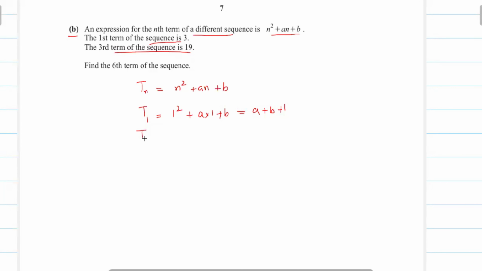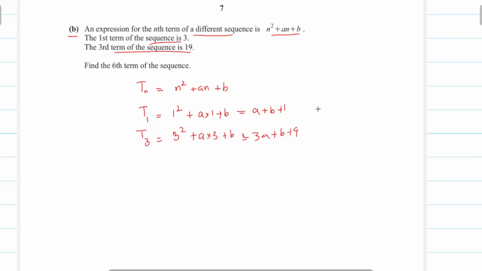Next is the third term, t3. This will be equal to 3 squared plus a into 3 plus b. We replace the n with 3. Therefore, we get this expression 3a plus b plus 9.